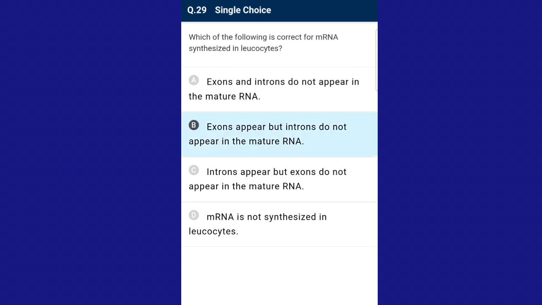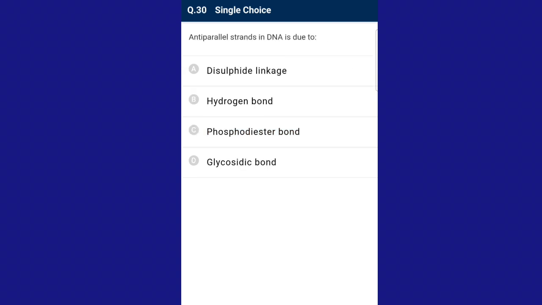Exons appear but introns do not appear in the mature RNA because introns are removed. Question number 30. Anti-parallel strands of DNA: a single DNA strand has two ends. One end has a 5 phosphate group and the other end a 3 OH group.